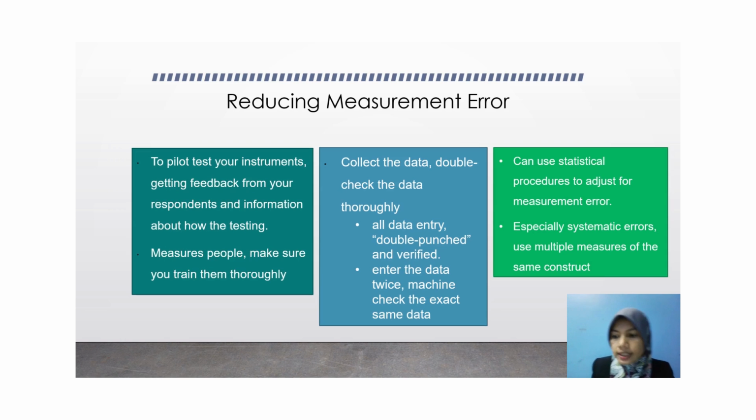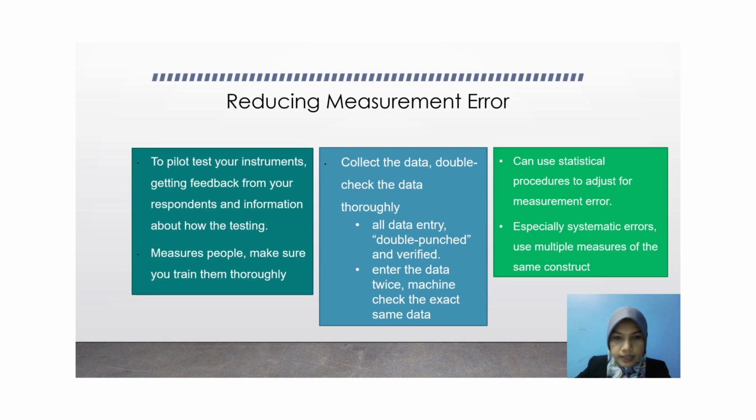Okay, next is reducing measurement error. How to reduce measurement error, whether random or systematic? First, pilot test your instrument, which means getting feedback from the respondents regarding how easy or hard the measure was, and information about how the testing environment affected their performance.